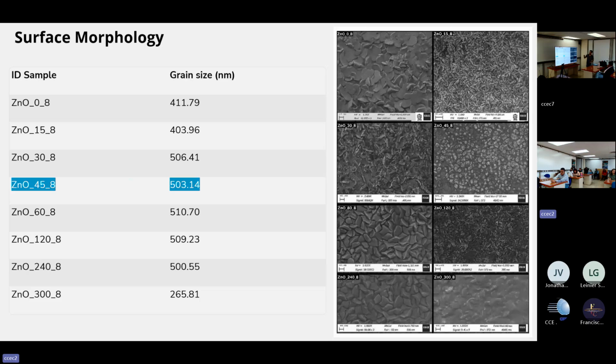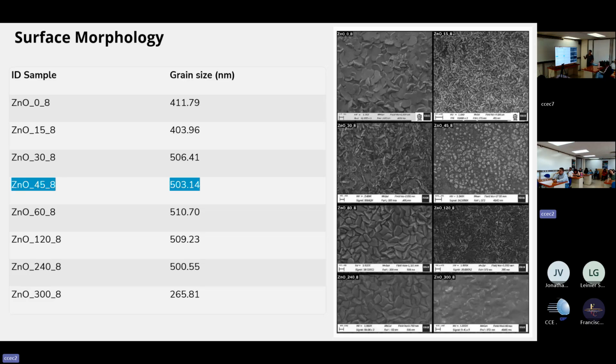Between 30 and 60 minutes, grain growth and a large surface area were observed, with an average size close to 500 nanometers.